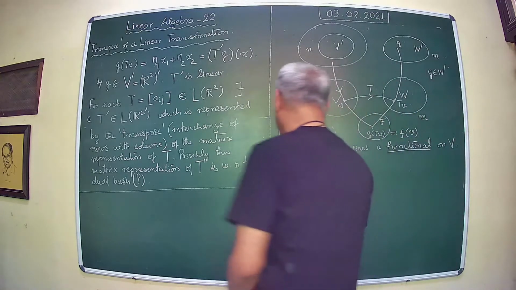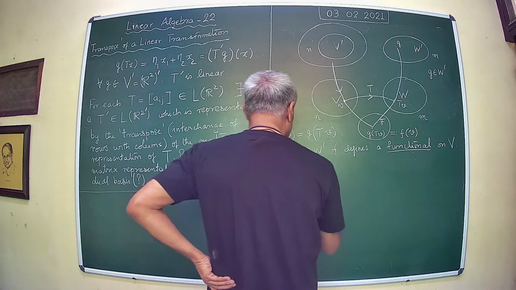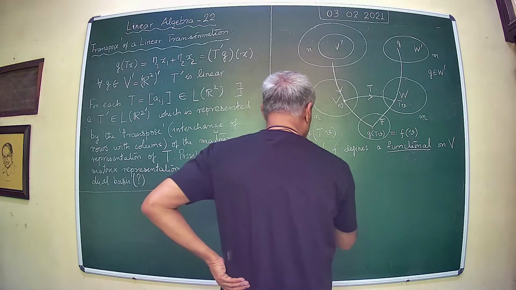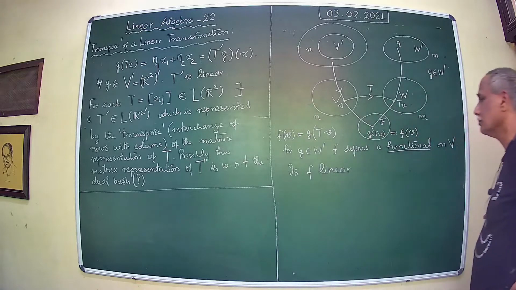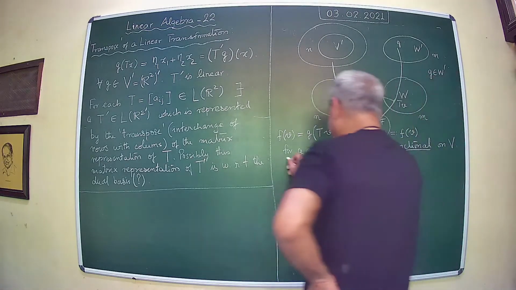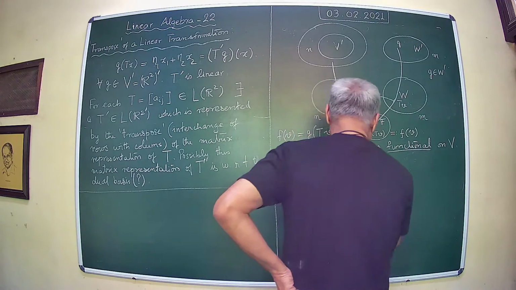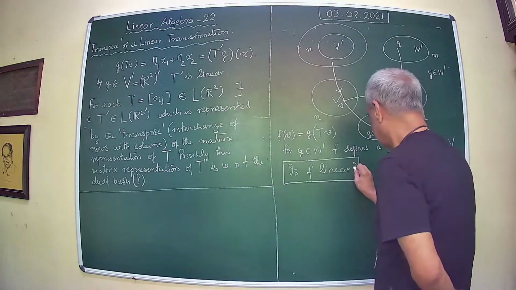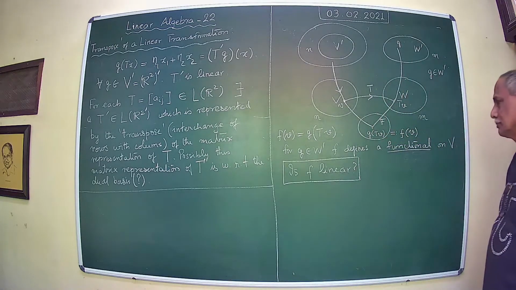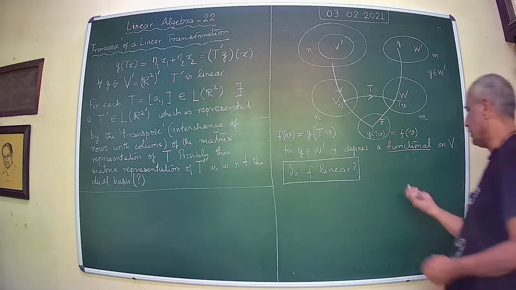There is no problem. Now the question that you ask is this: is f linear? This is the first question that you raise. Okay, let us investigate this. So if it is linear, this is what you have to see.